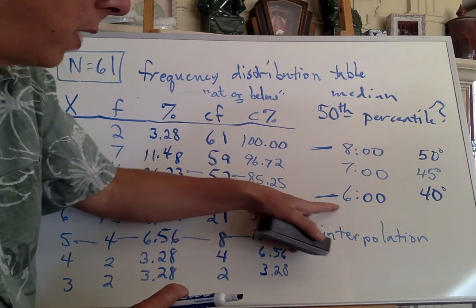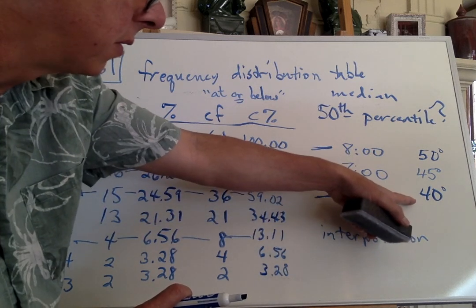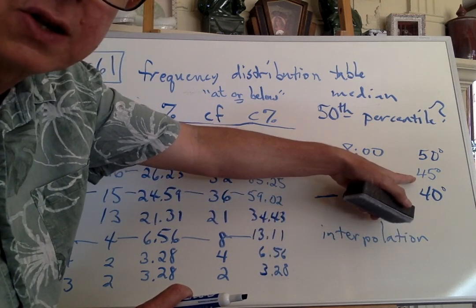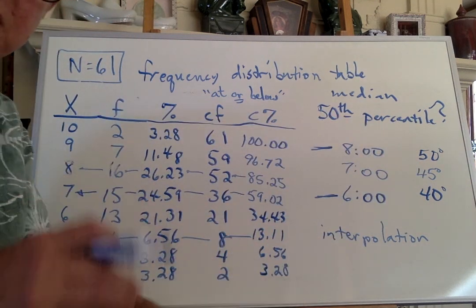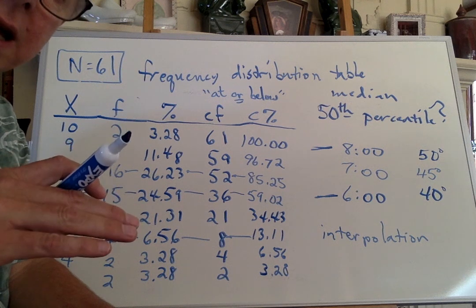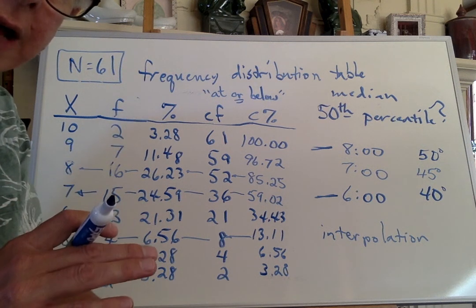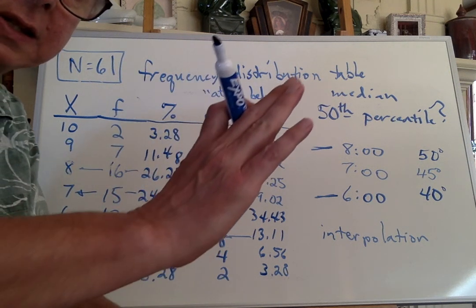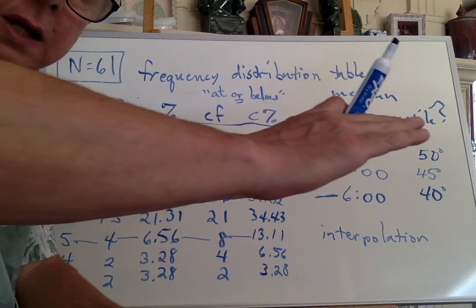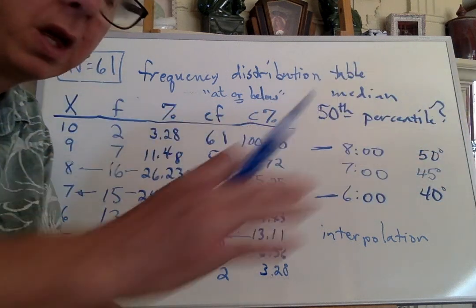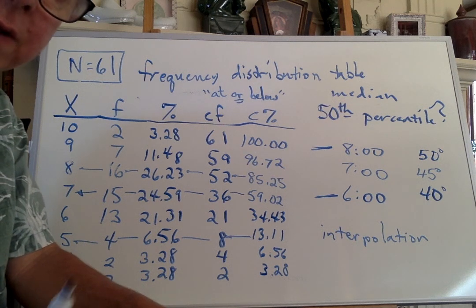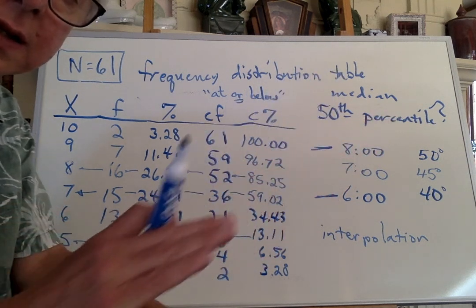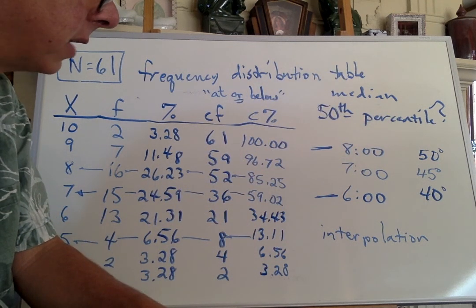If the temperature went from 40 degrees to 49 degrees at 6:30, and then the rest from 6:30 to 8, that would be a nonlinear model, right? The temperature goes up like this, and then all of a sudden just goes like that, okay? To do interpolation, we do make an assumption of a linear relationship in this case, okay? A linear relationship.